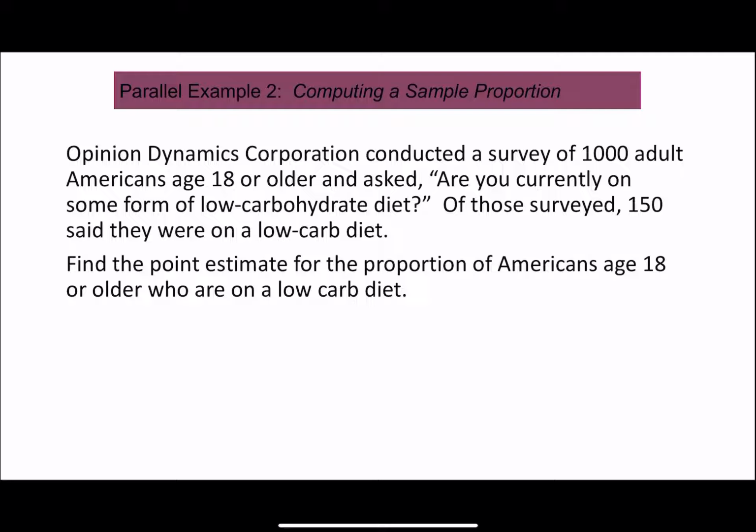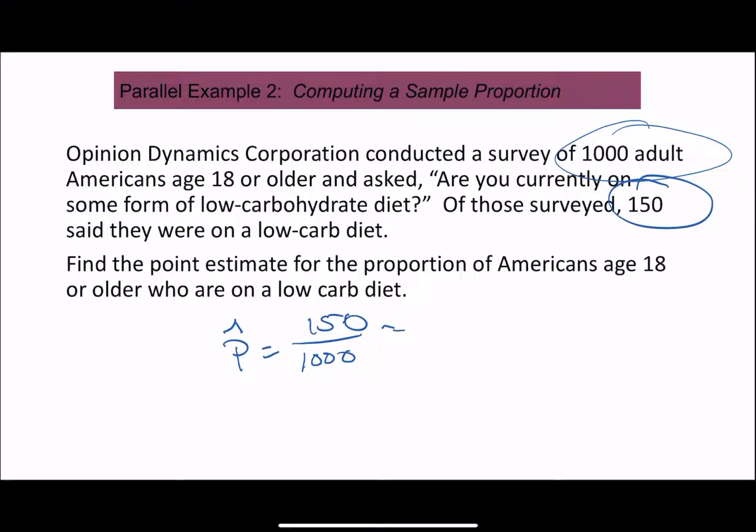Okay, I'm hoping you did that. So we have 150 said yes they were, so my p hat would be 150 over the number polled. We polled 1,000 Americans 18 or older. So we just put that in the calculator. 150 divided by 1,000 is 0.15.